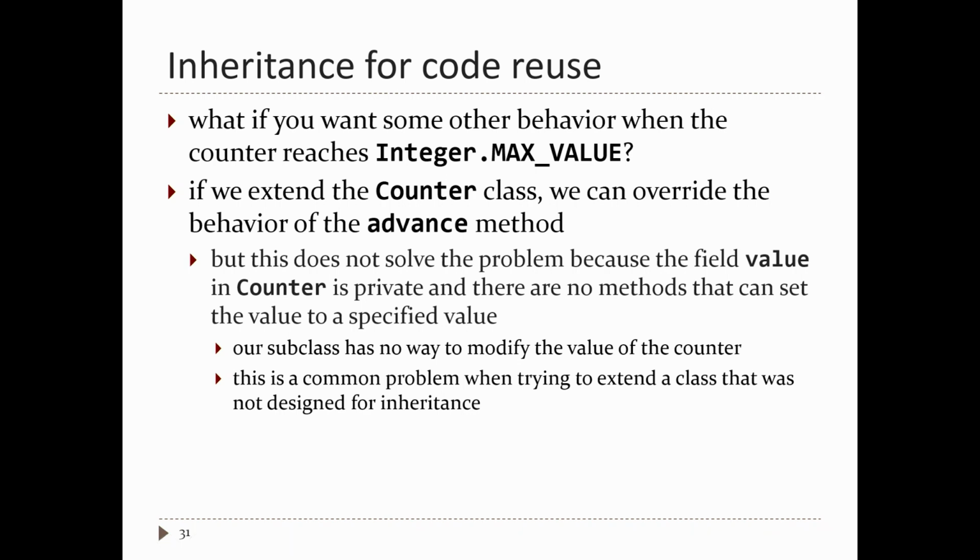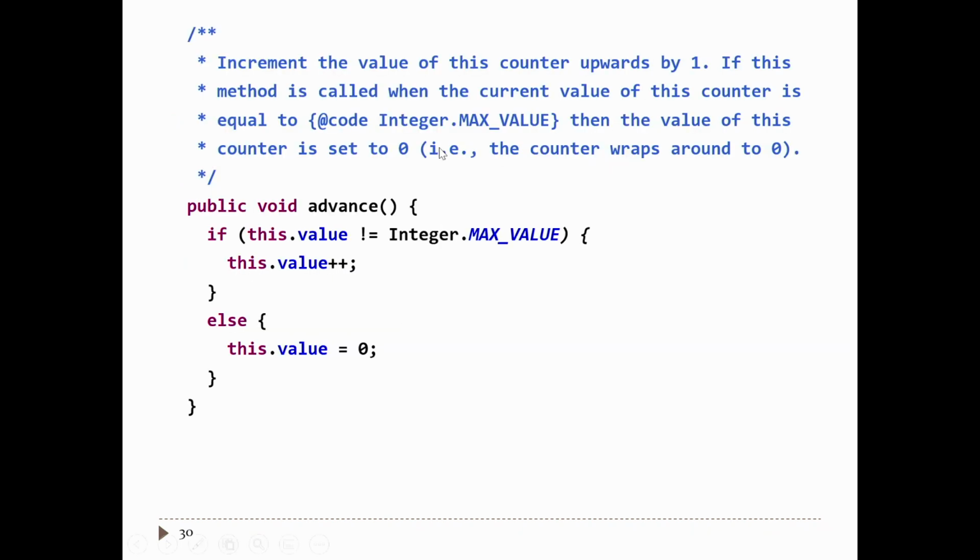So I want to look at the value of the counter, and then instead of setting it to 0, I might want to do something else. I might want to throw an exception. I might want to stop counting so it doesn't count past integer max value and it just stops. Or something else.